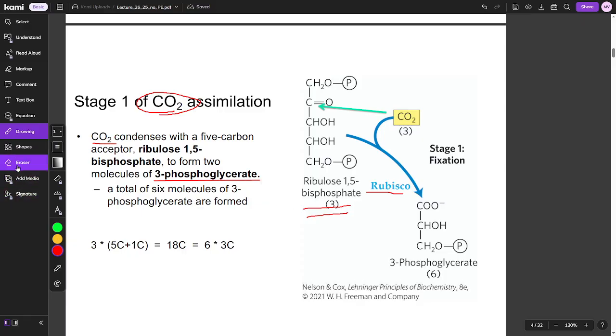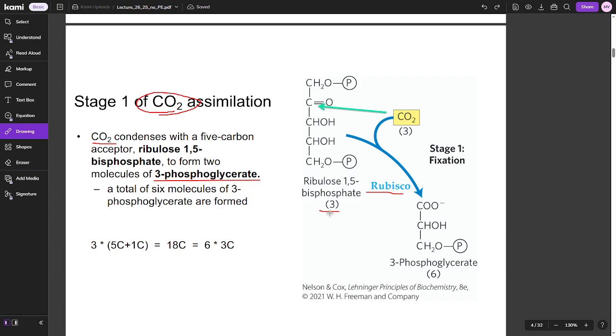The way this reaction works is it's not just 1 to 1. We actually put in 3 of these ribulose 1,5-bisphosphates. Sometimes people write this as RuBP, which is the same thing as ribulose 1,5-bisphosphate.